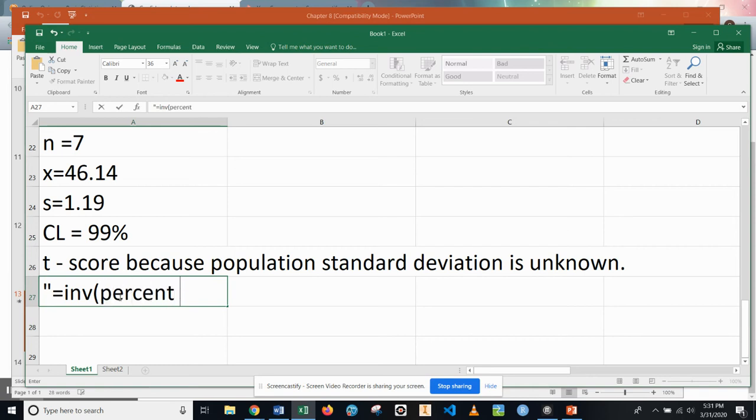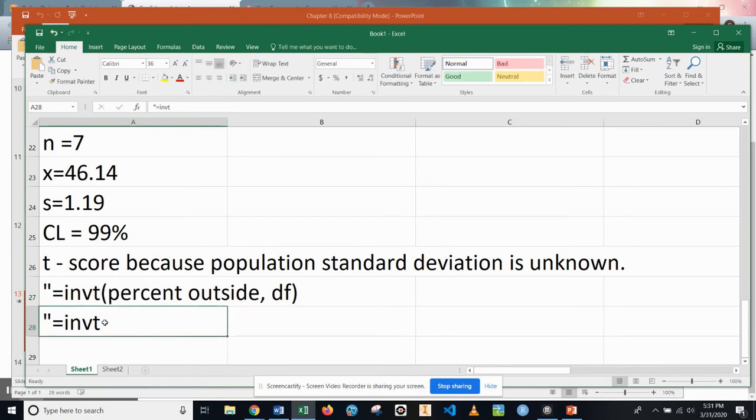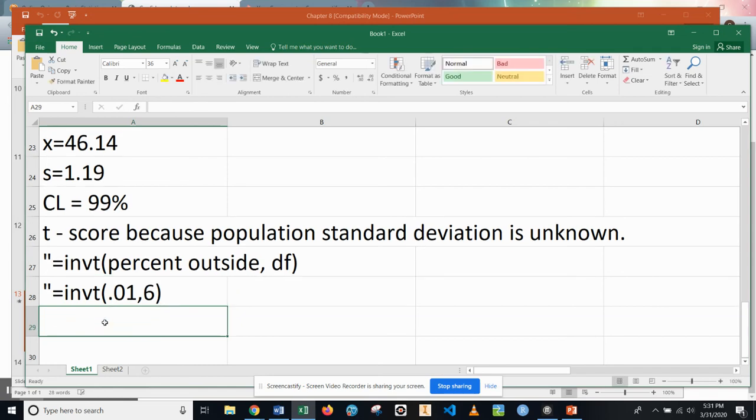So I'm going to write this a little bit differently: percent outside, and then degrees of freedom. In our case, that would be inverse t, and then I'm going to put my percent outside, so 1%, and my degrees of freedom is 6.